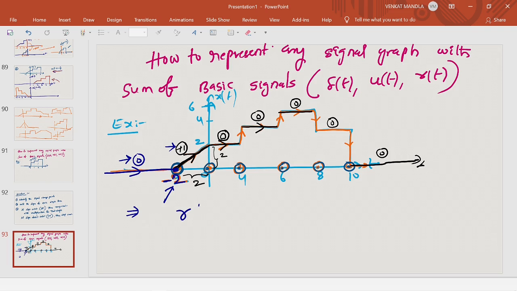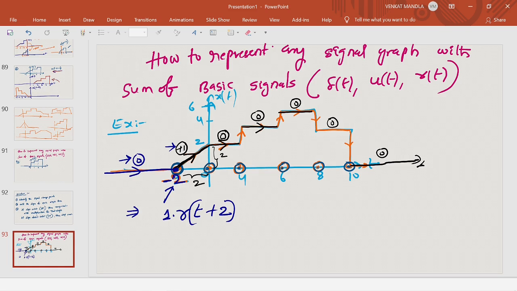So we have to write r of t plus 2, and what we have to multiply with this is the slope difference. Final slope minus initial slope: 1 minus 0, 1. So this is the slope difference.